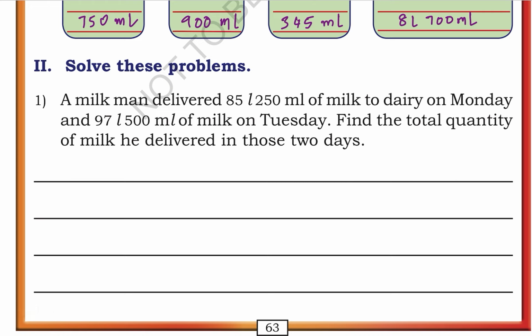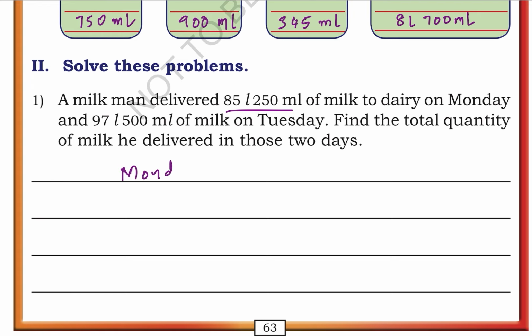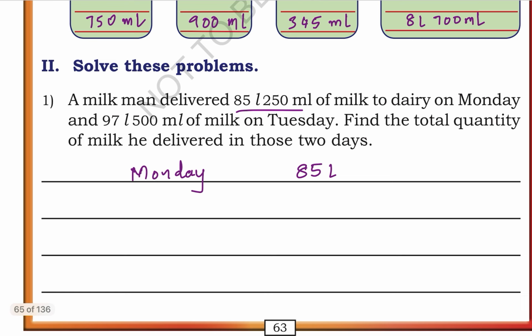A milkman delivered 85 liter 250 milliliter of milk to dairy on Monday. This is the first given data. On Monday, how much milk did he deliver? 85 liter 250 milliliter.